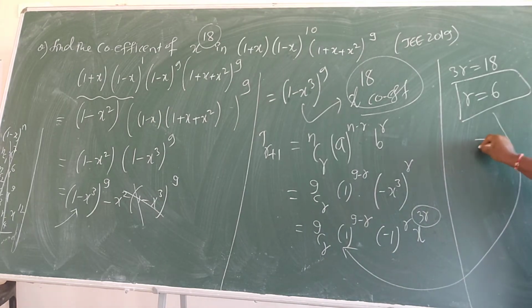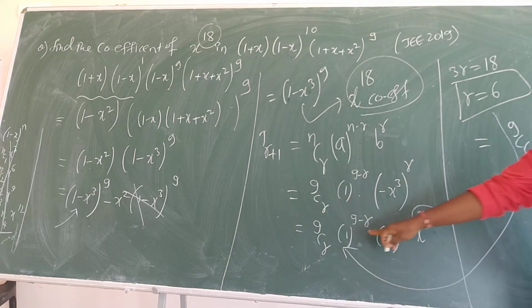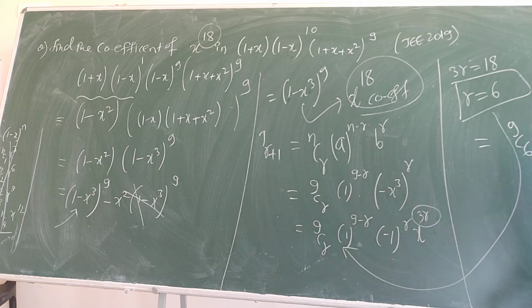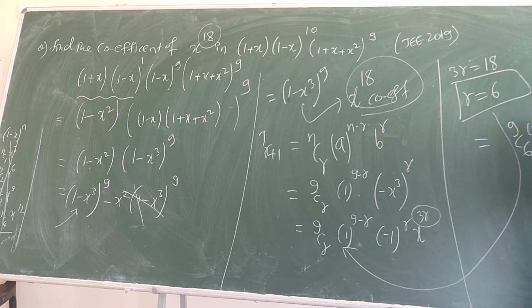So that you substitute here, you are going to get the coefficient. So what are you getting here? 9C6, 1^3 is 1, and (−1)^6. That is (−1)^6 is how much? Positive. So 9C6 is the answer. 9C6 can be written as 9C3, right? 9 minus 6 is 3.